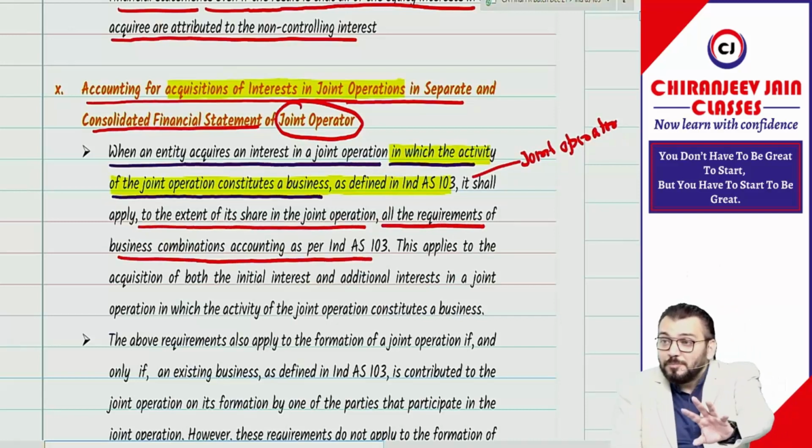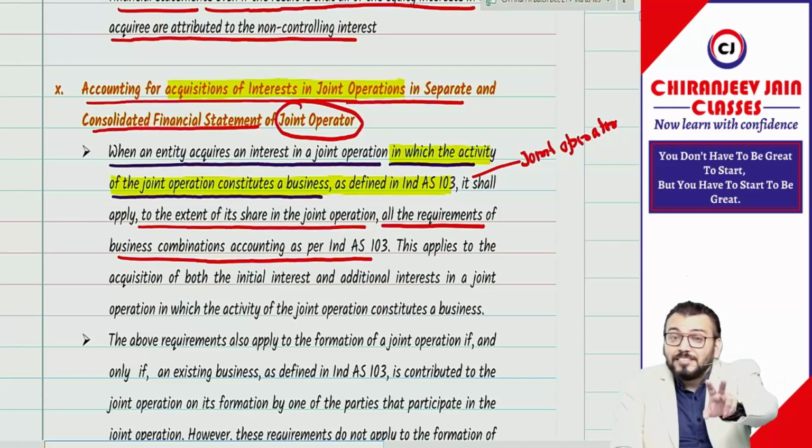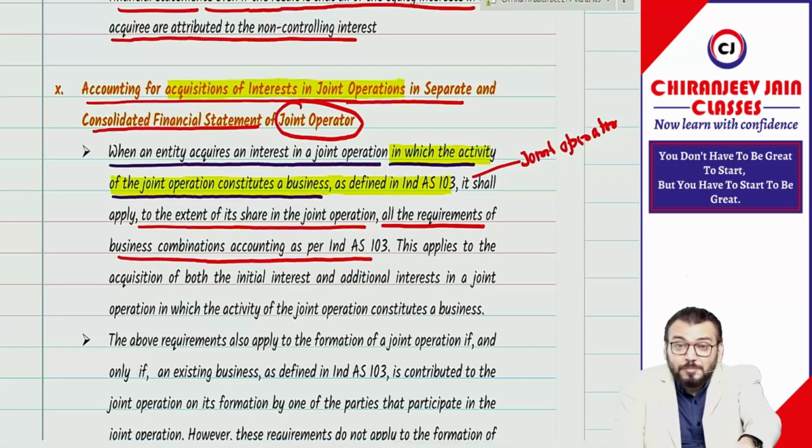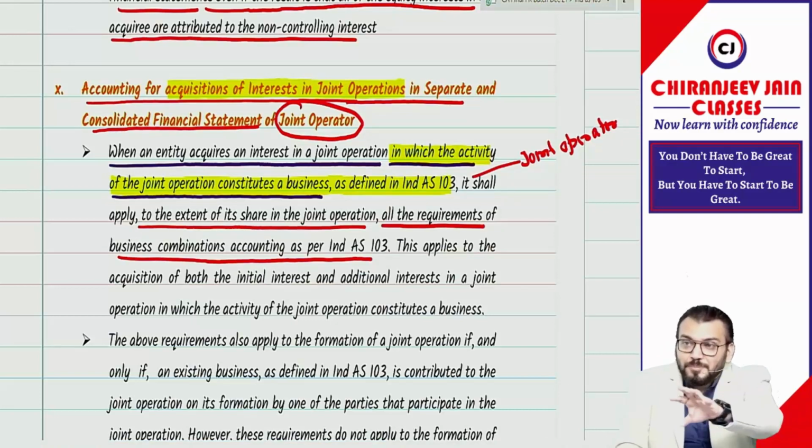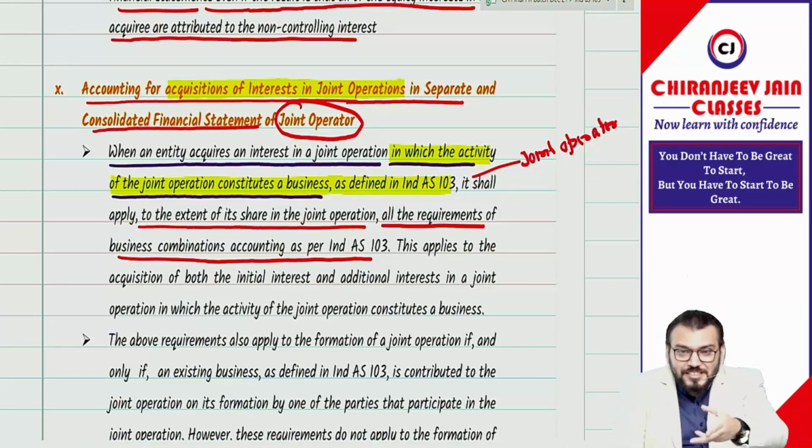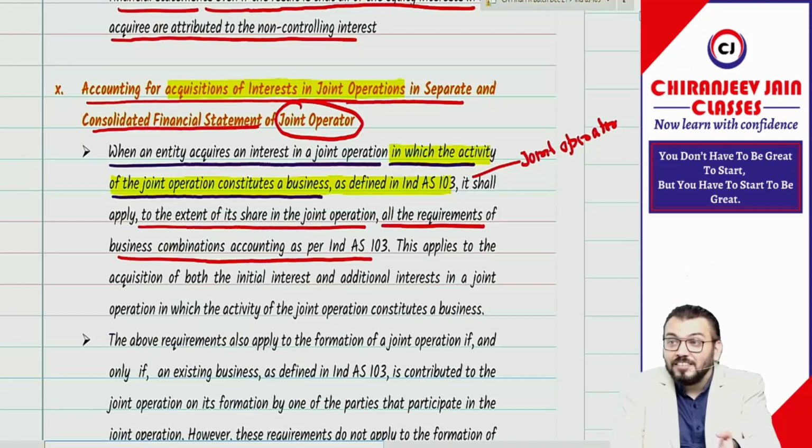Suppose 50%, so they will apply the requirements to the extent of 50%. Means 50% assets will come, 50% liabilities will come, 50% purchase consideration they will pay, so 50% goodwill will be recognized. Are we able to understand? मजा आया?